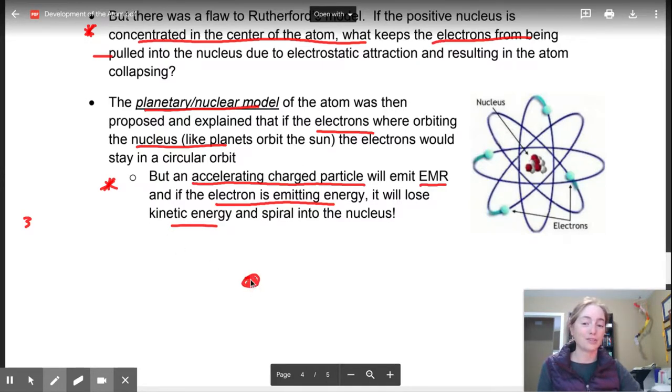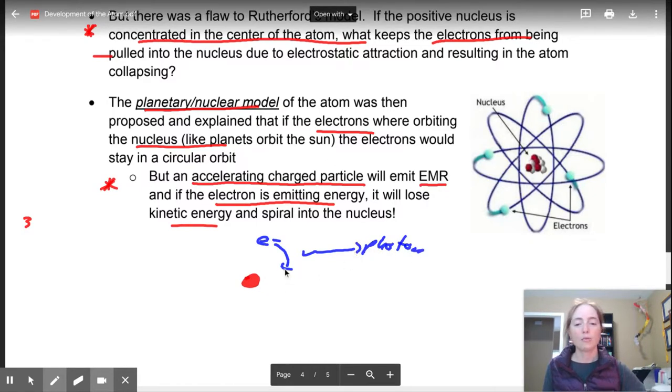Okay, so here's your nucleus. And if you have an electron that is orbiting, well, it's accelerating, because remember, the definition of accelerating can mean a change in direction. It doesn't have to be speeding up. And if we're orbiting, you're accelerating. Okay? So as this electron is curving like this, well, it would beam off a photon.